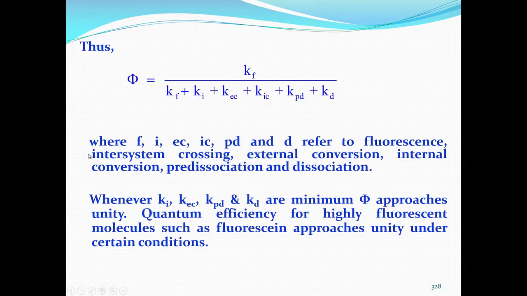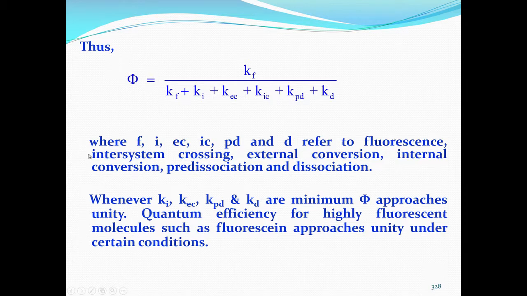So, how do we define fluorescence? In fluorescence, the quantum efficiency phi, we define it by the number of parameters that cause the deactivation. In this equation you can see that phi is kf divided by a lot of things like kf, ki, kec, kic, kpd and kd.